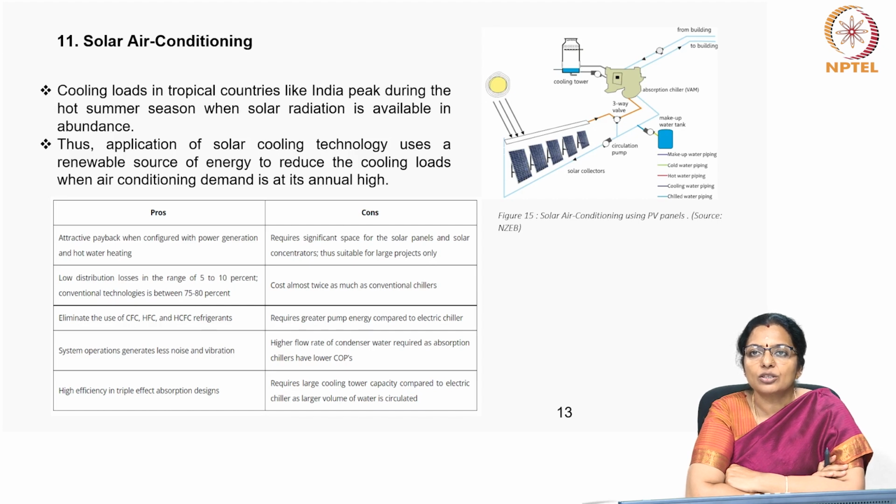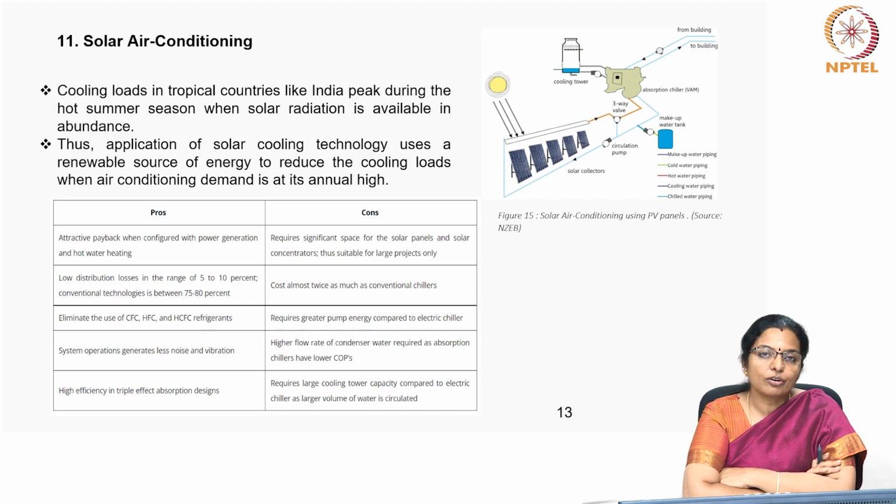Thus, application of solar cooling technology uses a renewable source of energy to reduce the cooling loads when air conditioning demand is at its annual peak. So, with solar air conditioning, you have an attractive payback when configured with power generation and hot water heating.